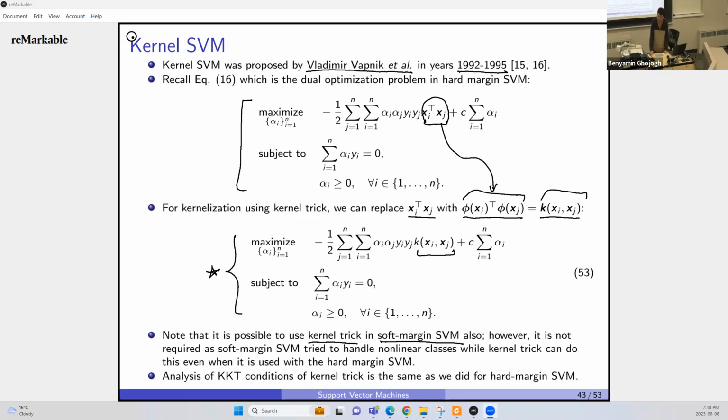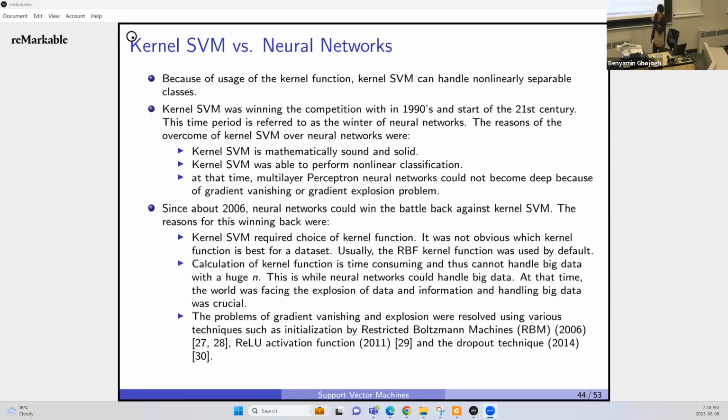Now let's talk about kernel SVM versus neural networks. Because of usage of the kernel function, kernel SVM can handle non-linearly separable classes, right? It can handle it. And kernel SVM was winning the competition with neural networks in 1990, right?